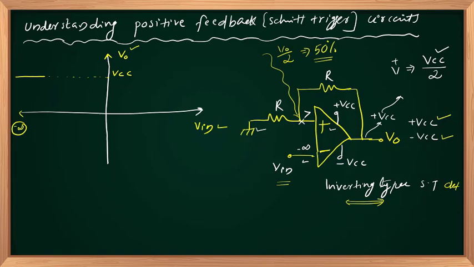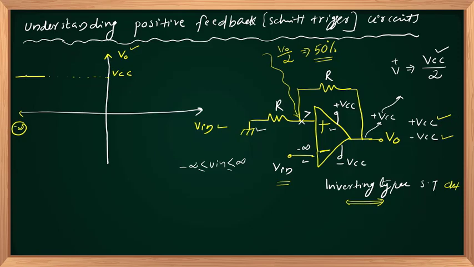To complete my transfer characteristics, I should plot Vout for the entire band of input voltage, implying Vin varies from minus to plus infinity.